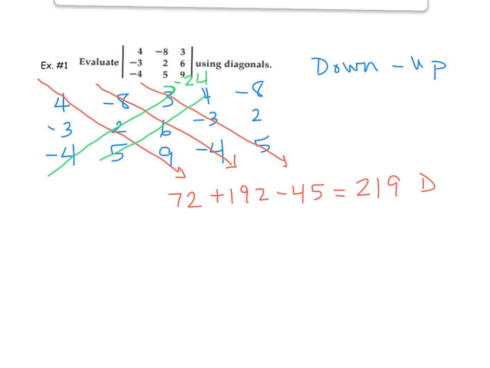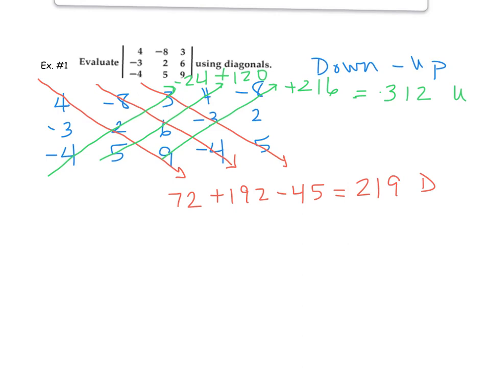Then the second up diagonal is 5 times 6 times 4, which is a positive 120. And the third diagonal is 9, negative 3, and negative 8, which is a positive 216. So when I add all those together, I get 312, and that's my up diagonals.